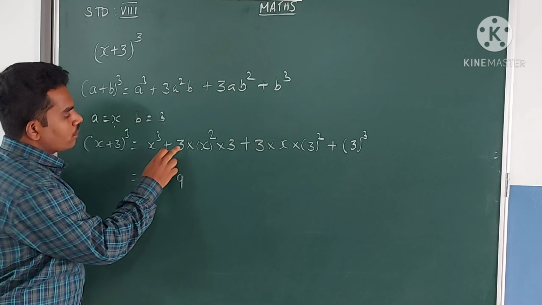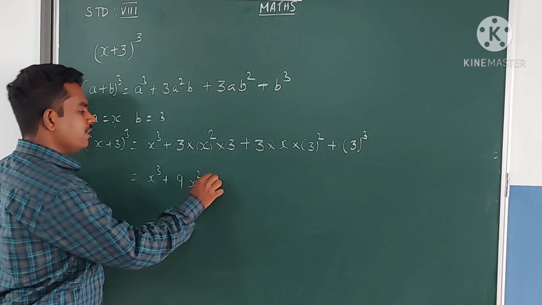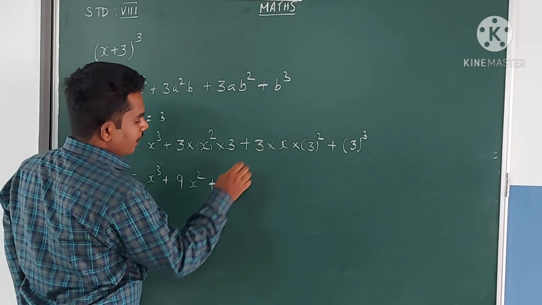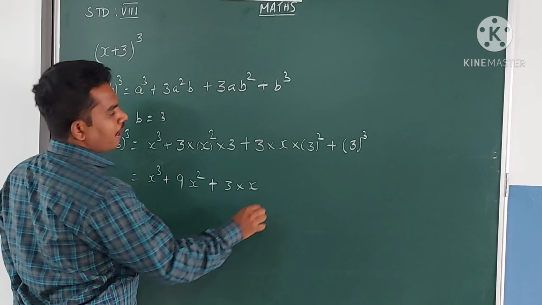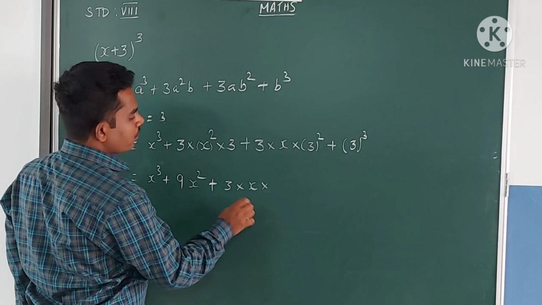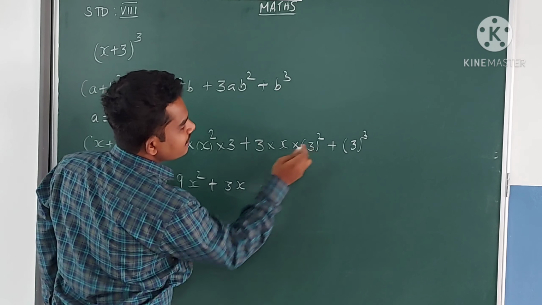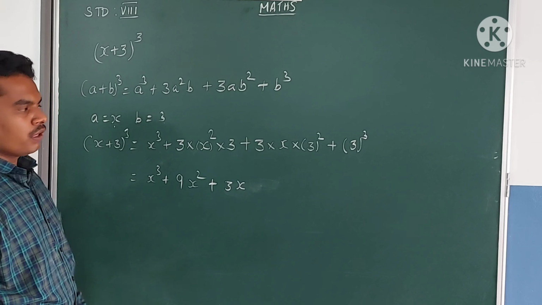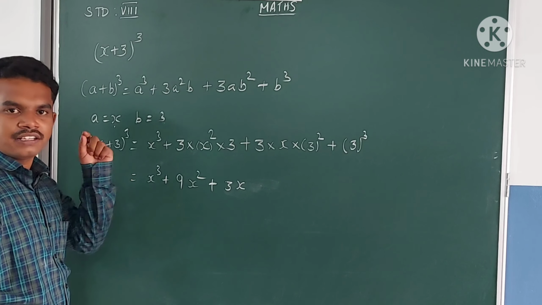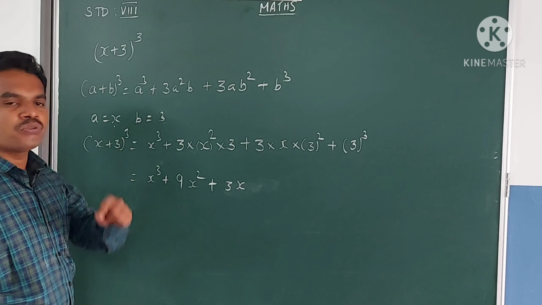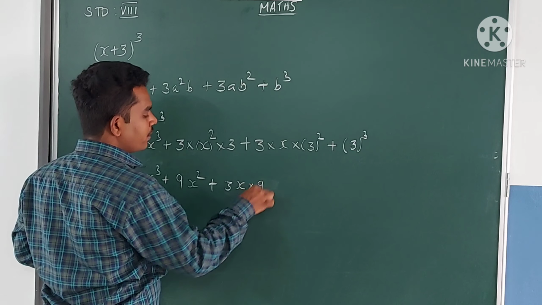Okay? 3 into 3 is 9, x square is written the same, plus 3 into x, so 3 into x is 3x, here is 3 square. 3 square means 3 into 3, already you know the square. Okay, 3 into 3 is what? 9. 3 3s are 9. So into 9.